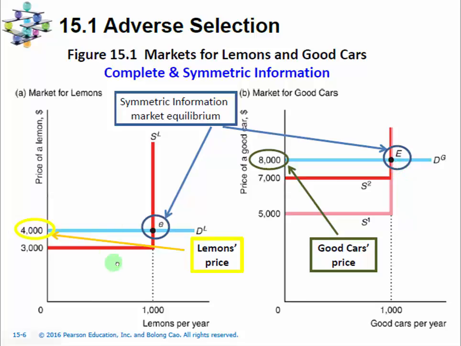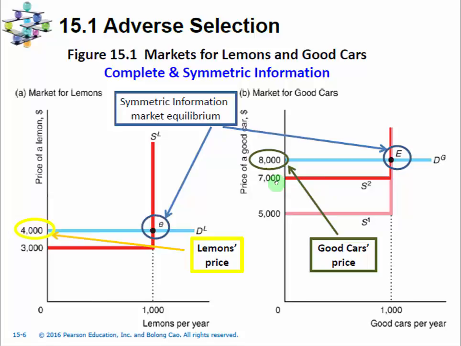In the lemons market, the total surplus is the difference between 4,000 and 3,000, times 1,000 lemons, that is $1 million. This $1 million total surplus goes completely to the sellers because of the horizontal demand curve. In the good used car market, let's assume the reservation price for the owners of the good used cars is $7,000.